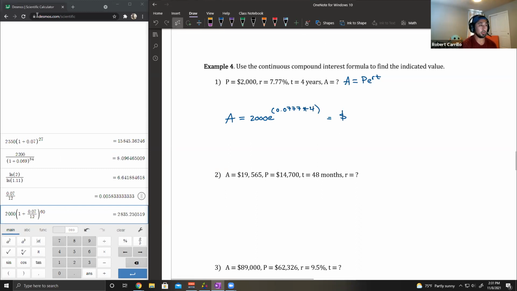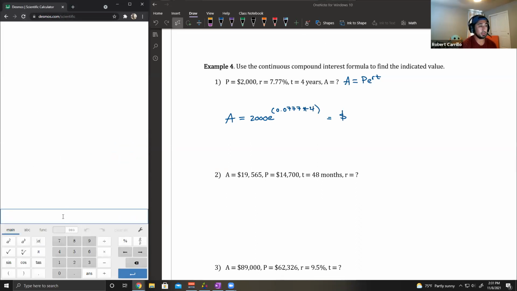And of course, using Desmos, you can type it in just like I wrote it. 2000 E raised, and I would start a parentheses and do 0.0777 times 4. And we get 2,729 and 3 cents.